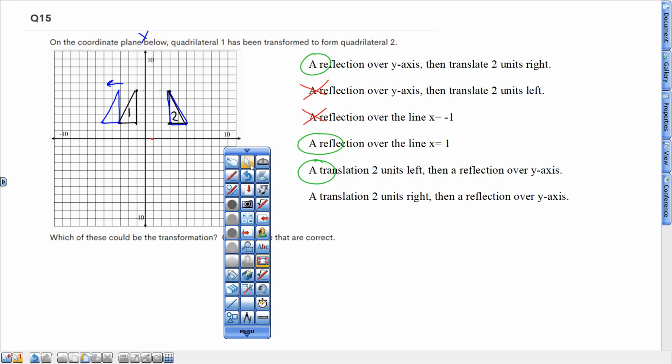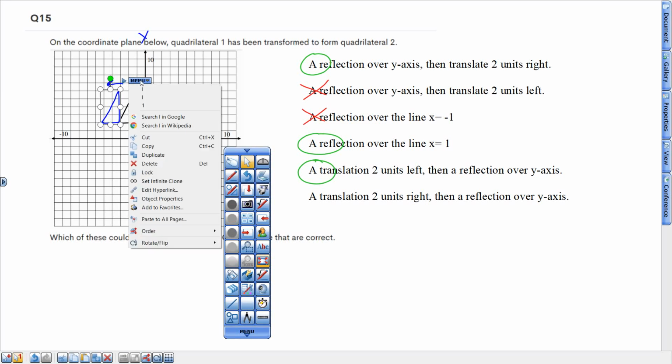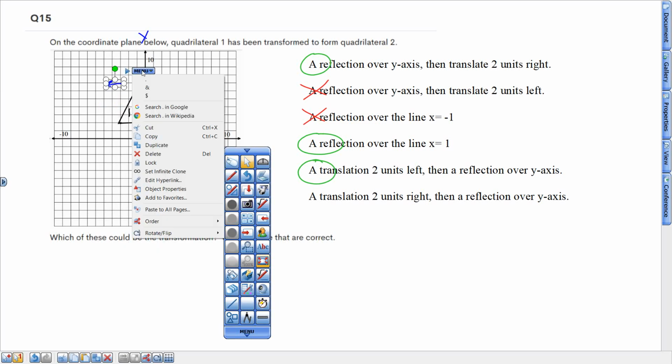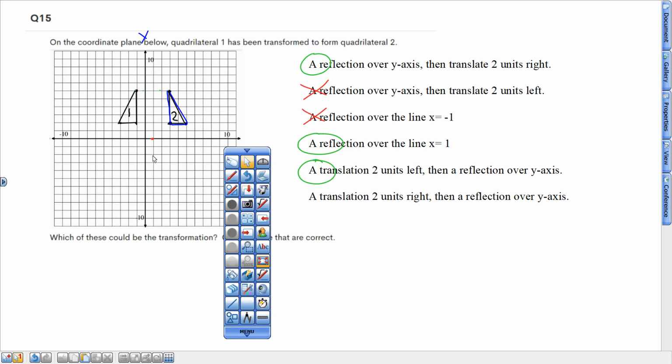The one that doesn't work, let me show you. That one says don't shift it to the left. That one says take that original triangle, shift it to the right, which is over here. And of course, if I shifted that 2 to the right and then reflected over the y-axis, it would actually end up right there.